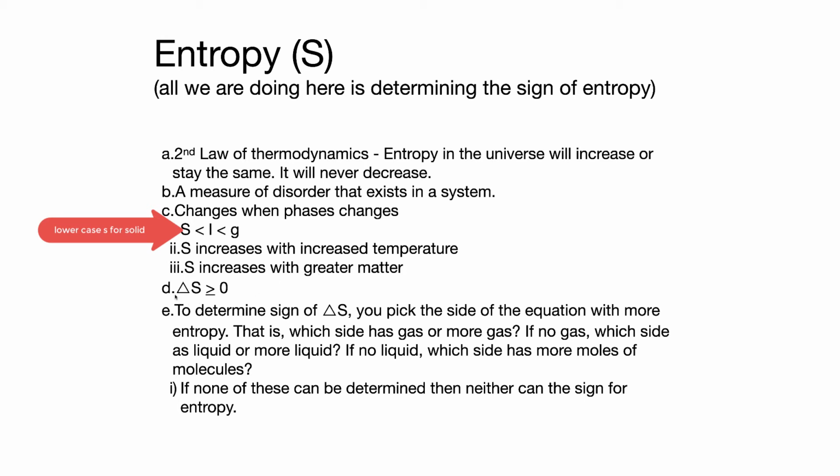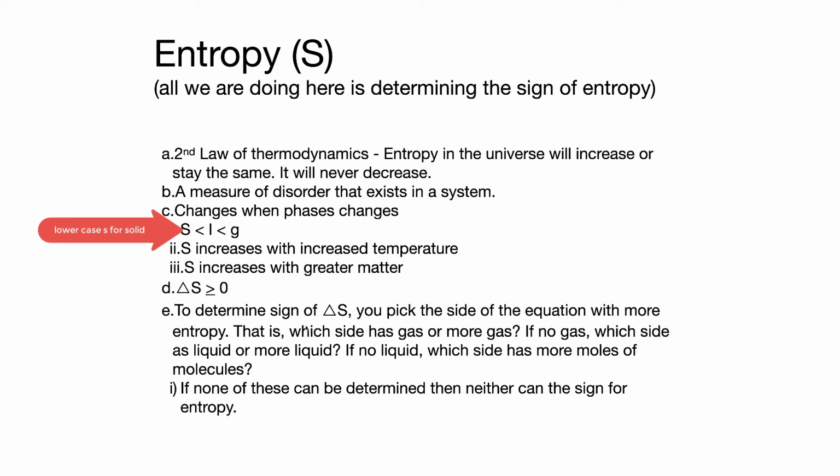Okay, so the change in entropy is greater than or equal to 0. That's basically what this is saying up here, that entropy in the universe will increase or stay the same. So entropy is either going to be greater than or equal to 0, and it will never be less than 0.